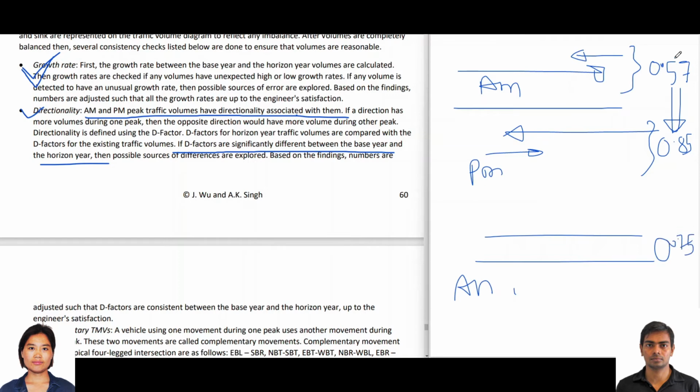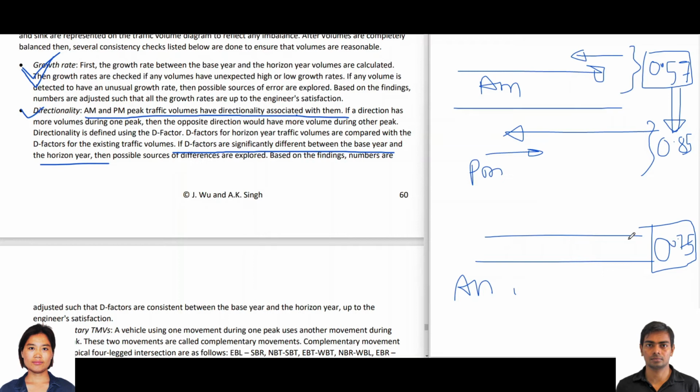Then we know that in existing the directionality was low, but in future the directionality is high. Then we go and explore if this high directionality is warranted, or the other way around. In AM, if there is high directionality and in future there is low directionality, then we go and explore whether this directionality is warranted or not.